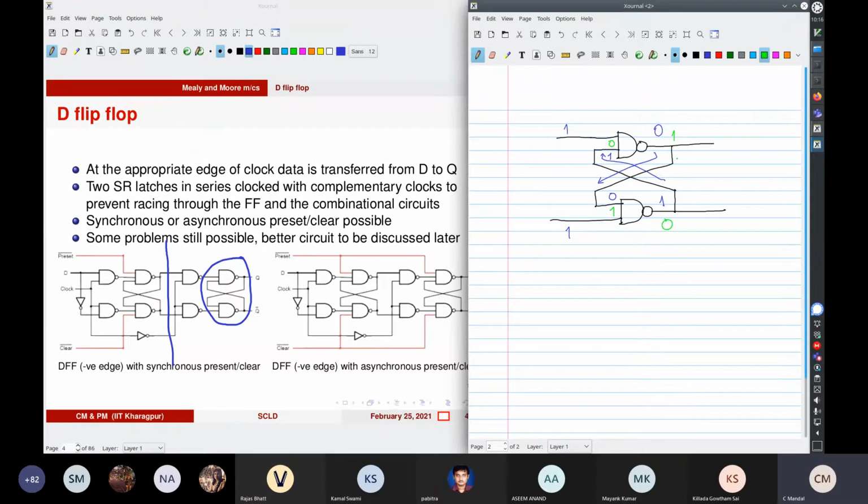So this is symmetric. What you see is that data gets latched in.